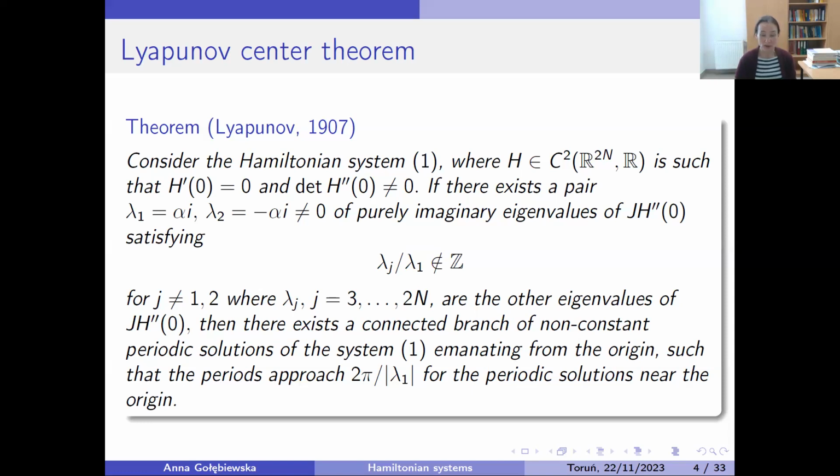Then we have a pair of purely imaginary eigenvalues, and this pair satisfies the so-called non-resonance condition. What does it mean? That any other eigenvalue is not an integer multiple of our first eigenvalue. With this assumption, we obtain the existence of a connected branch of non-constant periodic solutions of our system emanating from the origin. And we obtain also additional information about the periods of solutions.